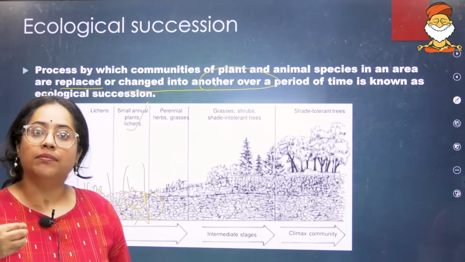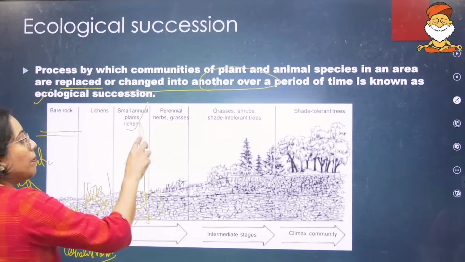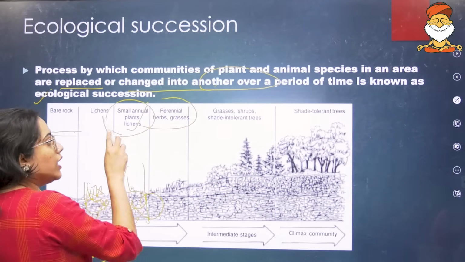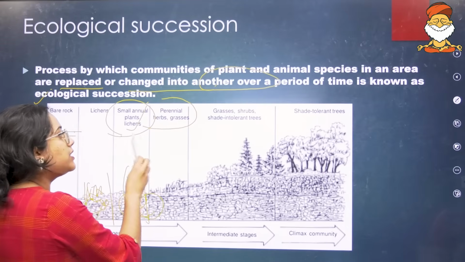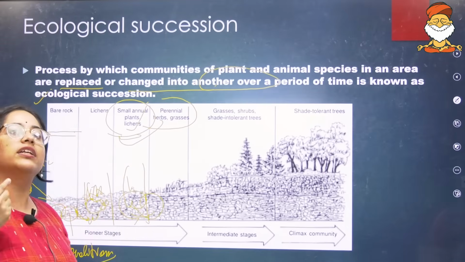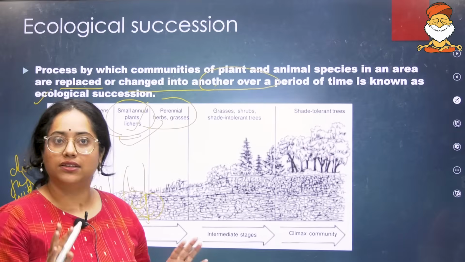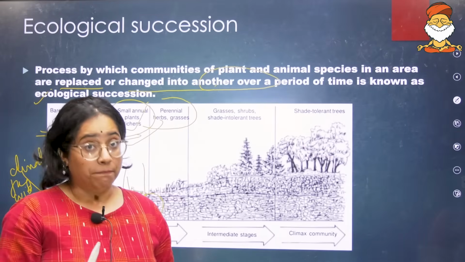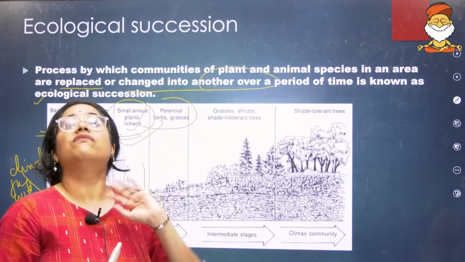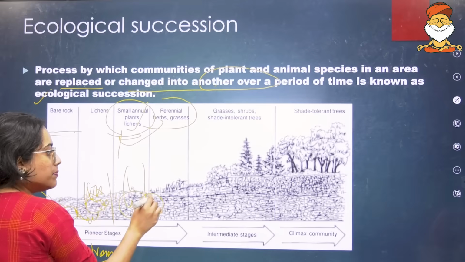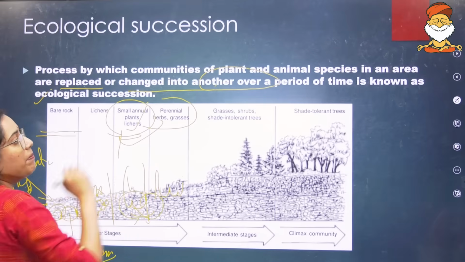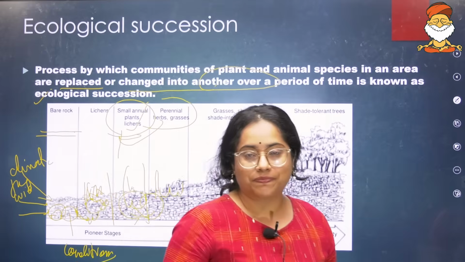Over time, when you have your small annual plants or lichens, a majority of them is going to get replaced by your perennial herbs, grasses, etc. But it doesn't mean that the others will get wiped out. You will still have lichens and small annual plants, but mostly you will have perennial herbs, grasses, etc.